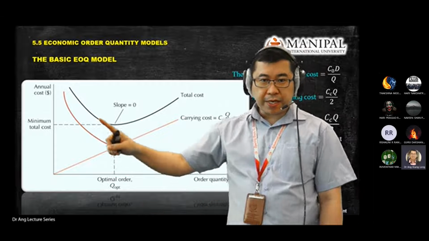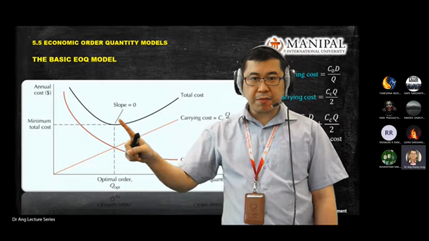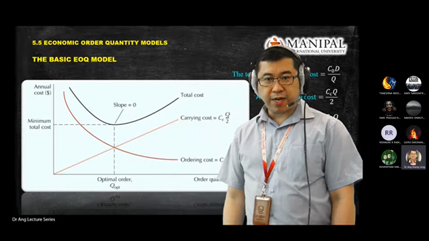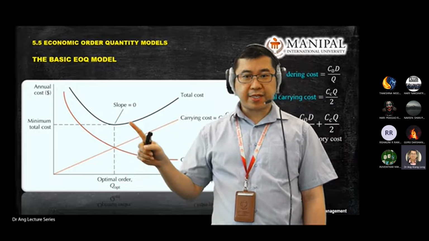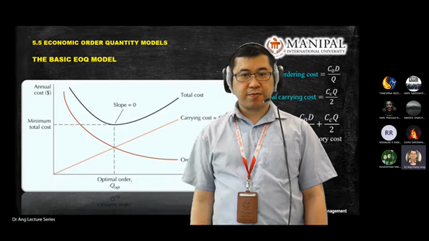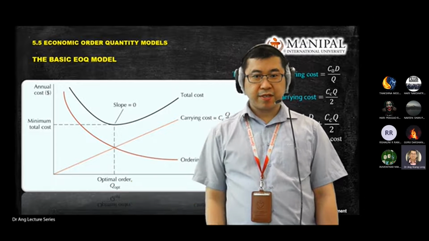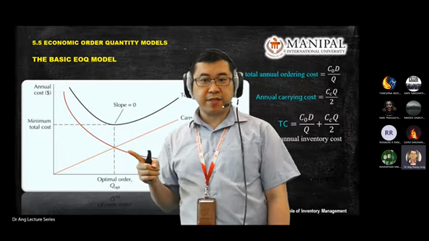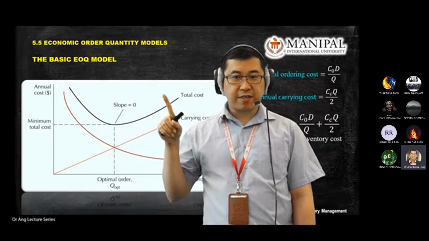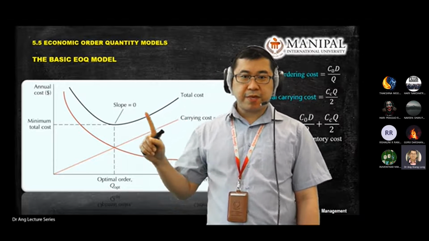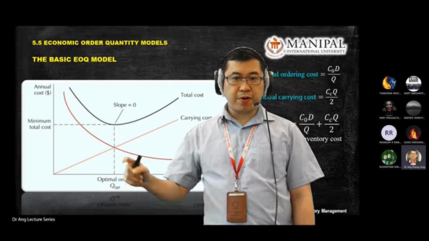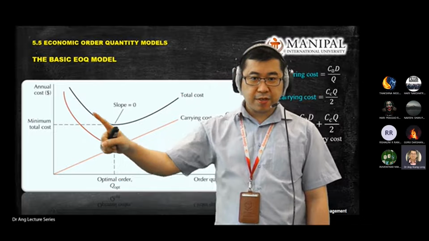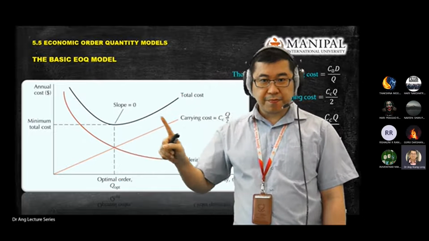In your mathematics, how do you find the minimum cost of a quadratic curve? You take what? dy over dx equal 0 for this point, right? You learned in your SPM or secondary school government exam, right? Find the slope at the maximum point of that quadratic curve, right? This is a quadratic curve, right? Smiling face.